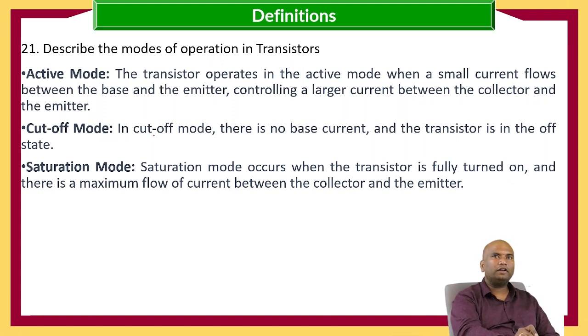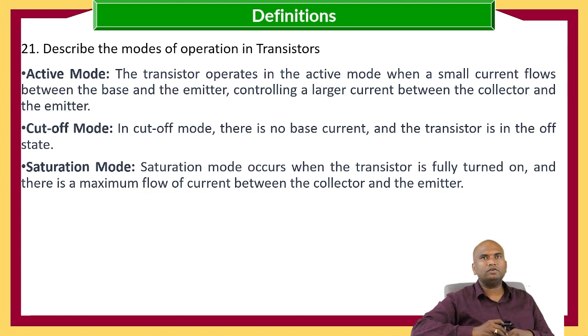And cutoff mode. In cutoff mode, there is no base current and the transistor is in the off state. There is no conduction that takes place in the cutoff mode.